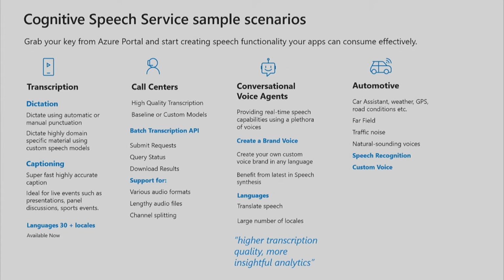And there is also the batch scenario, which I briefly mentioned earlier, where there is a lot of accumulated audio in some storage account, and you want to get that transcribed to do analytics of your call center agents, for example. You can do this using the batch transcription API. We have a bunch of features. There's a lot more in the documentation, but we can deal with various audio formats, lengthy audio files, as I said earlier, and channel splitting and stuff like that.